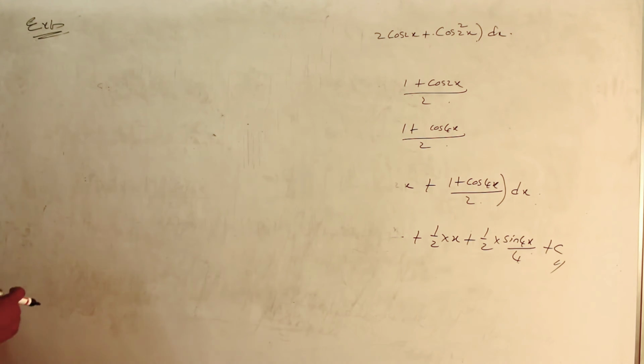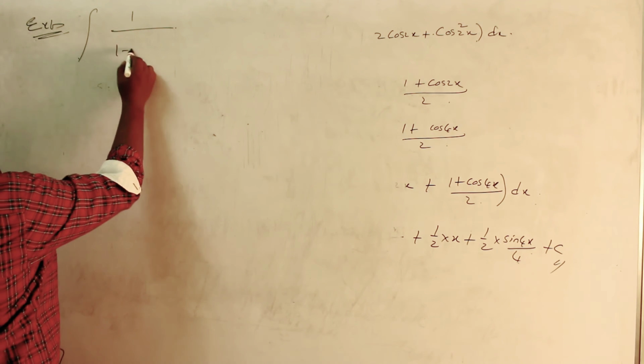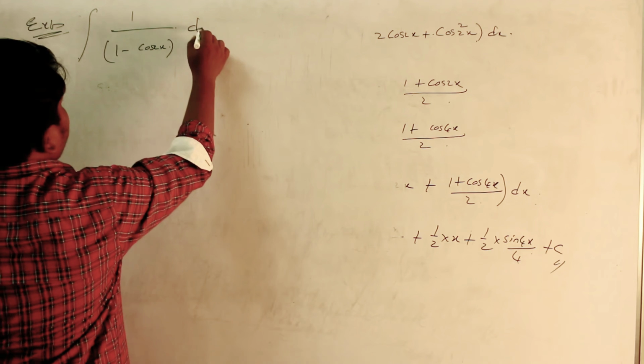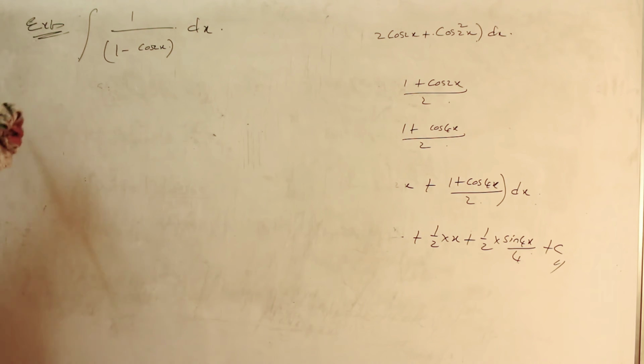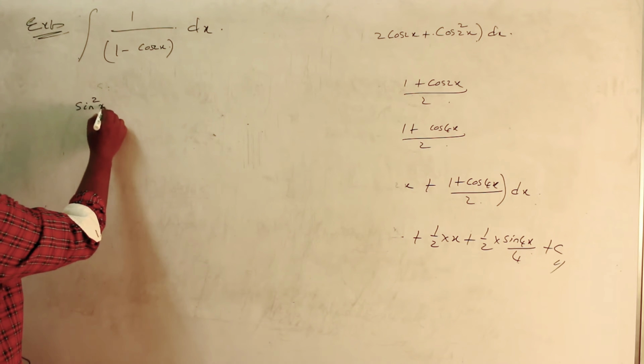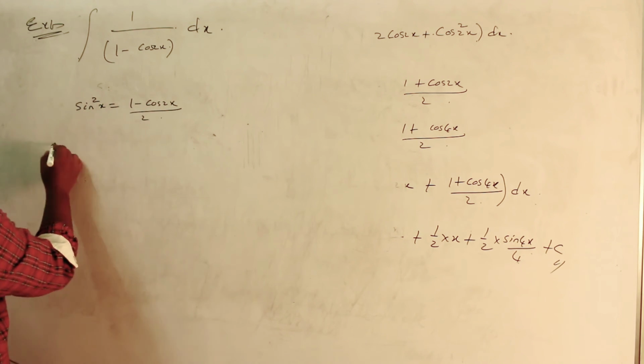For example, the integration is given like this: integration of 1 by (1 minus cos 2x) into dx. Let us see, sin square x is equal to (1 minus cos 2x) divided by 2.